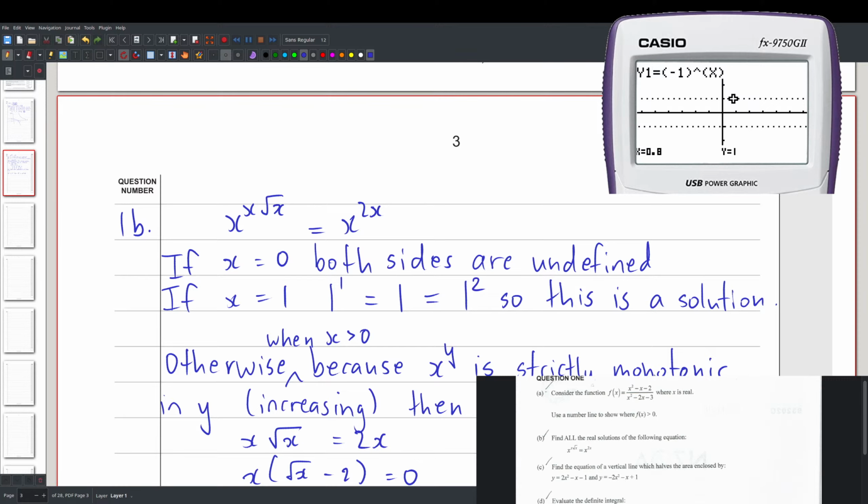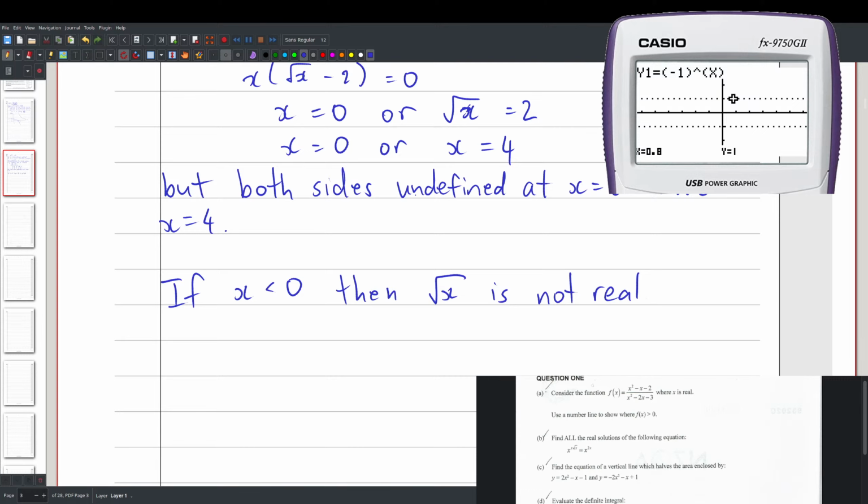I feel like I'm overthinking this. I was just going to say if x is less than 0, then root x is not real, so no solutions here.